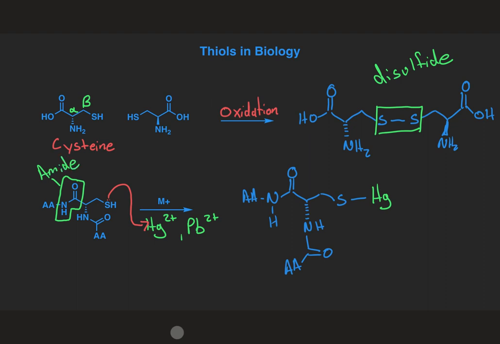That's the functional group that has a carbonyl attached to a nitrogen. But you might also hear this called a peptide bond. And that is the bond that attaches two peptides, or two amino acids, together to help make a long amino acid chain.